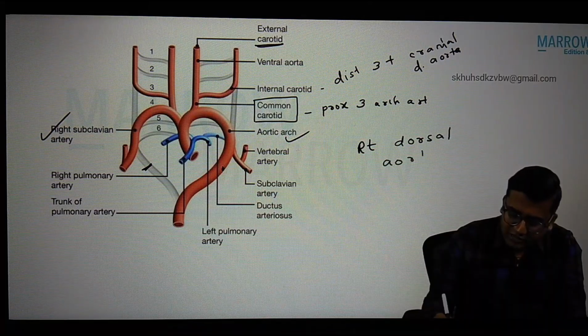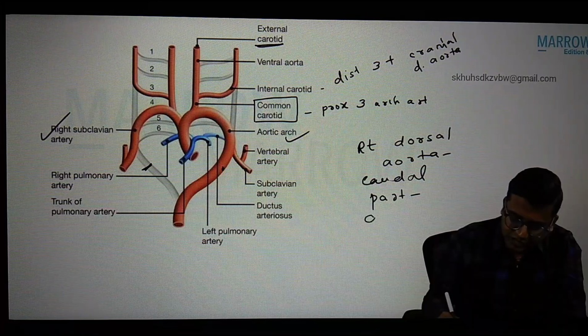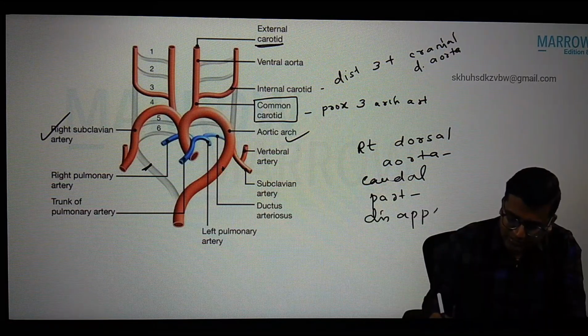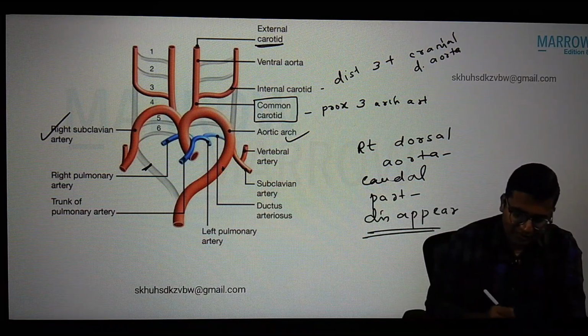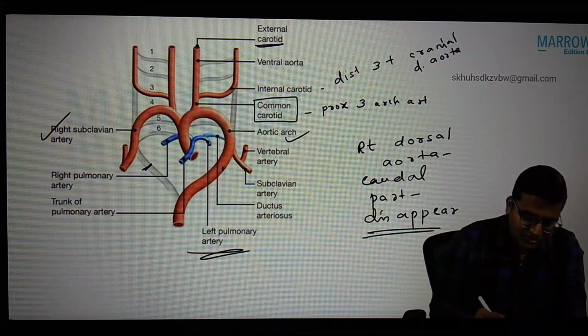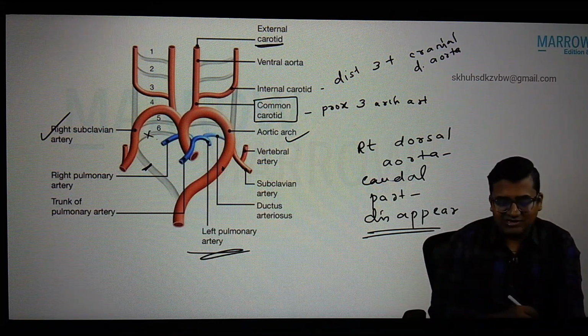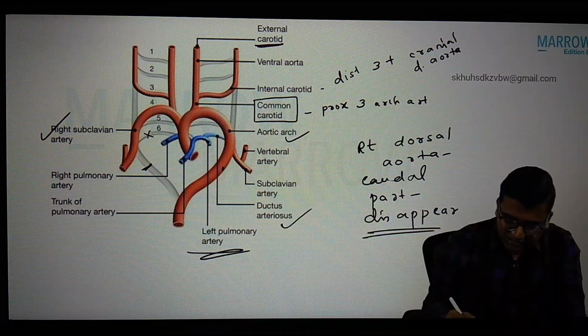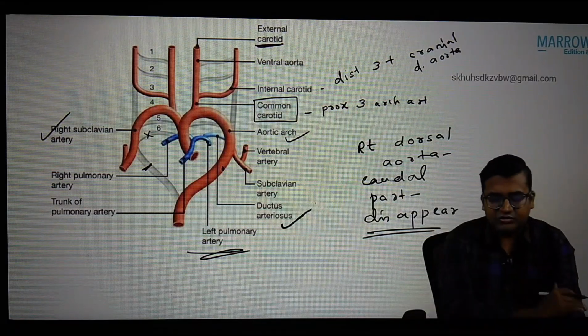The pulmonary artery is derived from the proximal part of the sixth arch artery. The distal part of the right sixth arch artery will disappear, and the distal part of the left sixth arch artery persists and forms the ductus arteriosus.